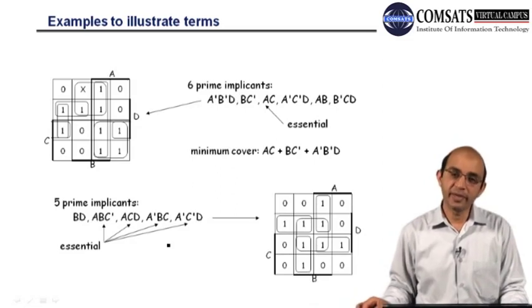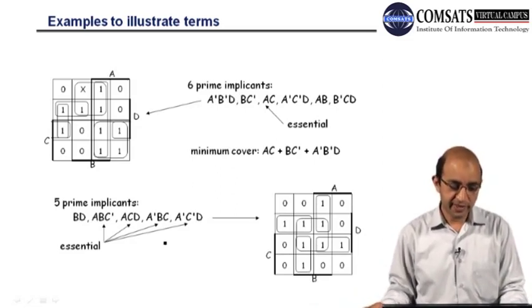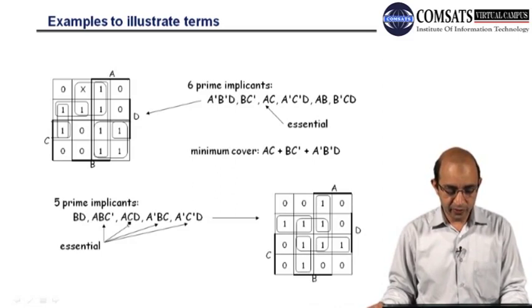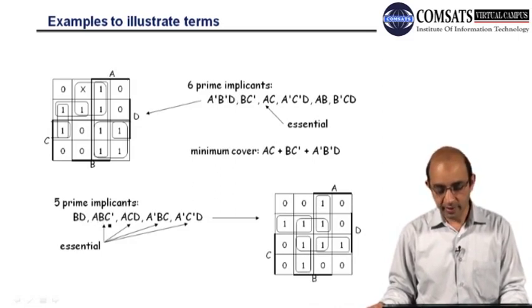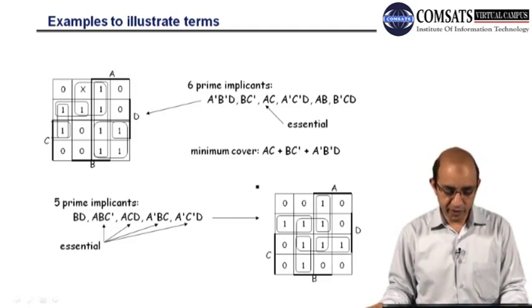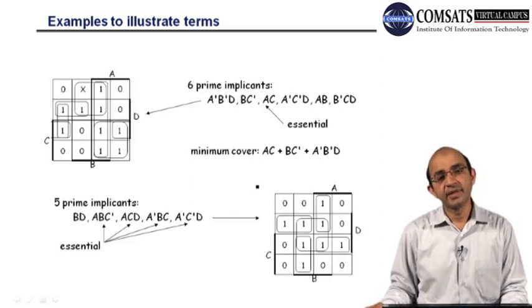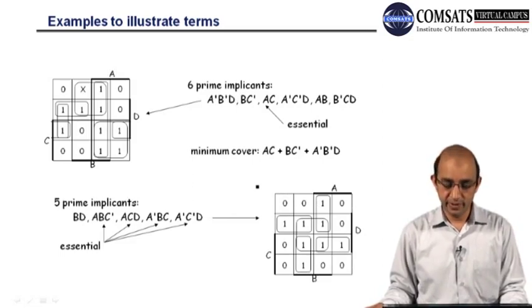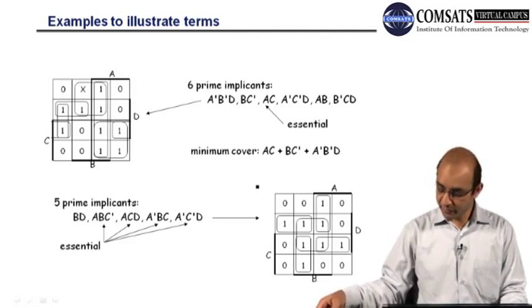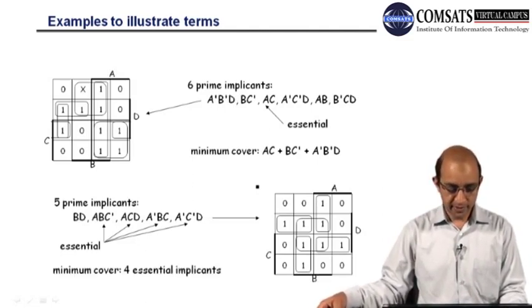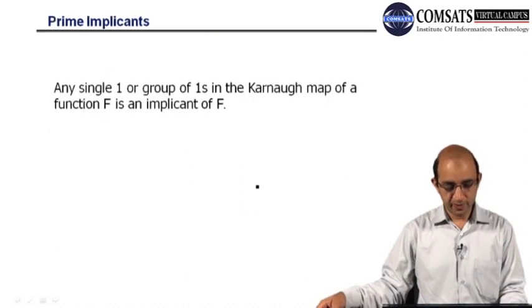Within those prime implicants, we can have essential prime implicants. If you look at A, B, C bar, you can search and look at which of them are essential implicants, the ones that have not been fully covered, that have the minimum cover. So we have the 4 essential implicants. This is the definition.